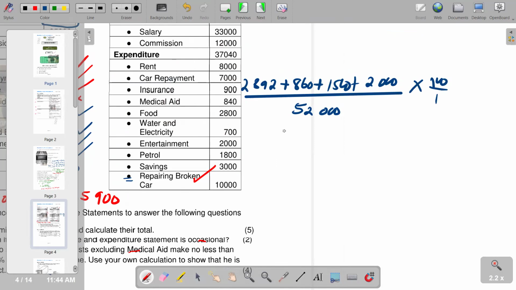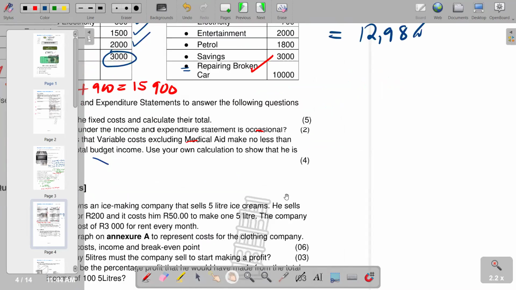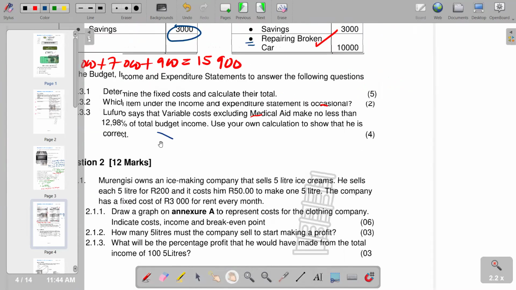It is equal to 12.98%, obviously to two decimal places. And then our question is saying not less than 12.98, which is correct because it is equal to 12.98. So we're saying Lufuno is correct.